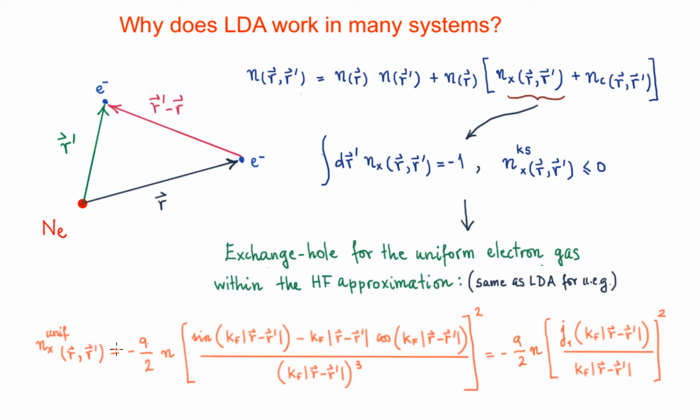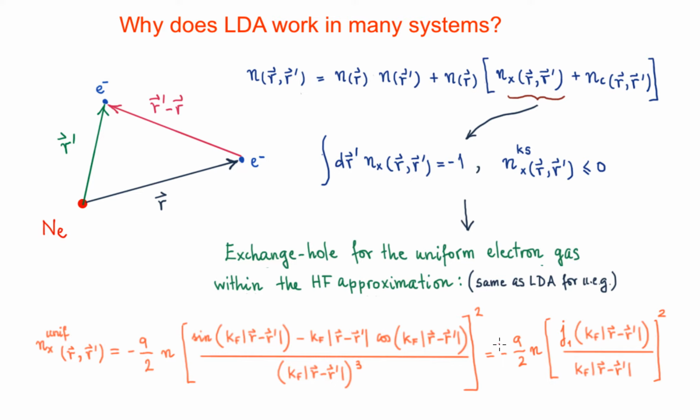You see that the maximum of the hole, or in this case it's negative, so the minimum value of the exchange hole, is located when the second electron is located at the same point as the reference electron.